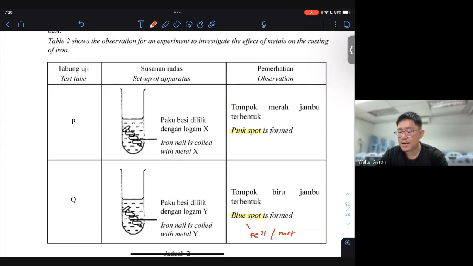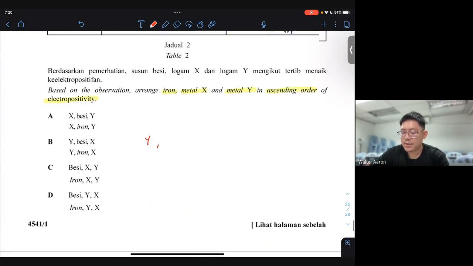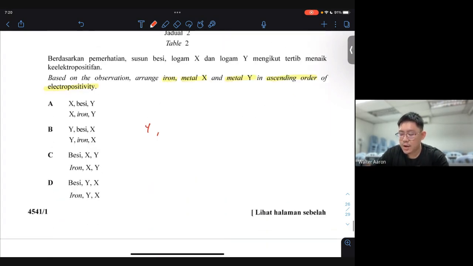One more time: X is more reactive or more electropositive than iron, so it can act as a sacrificial metal to release electrons on behalf of iron, so iron doesn't have to get rusted. So the sequence from the least to the most electropositive will be Y, followed by iron, and then X. So the best answer here will be B.